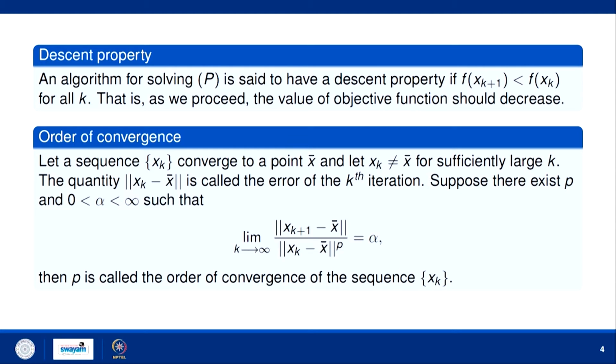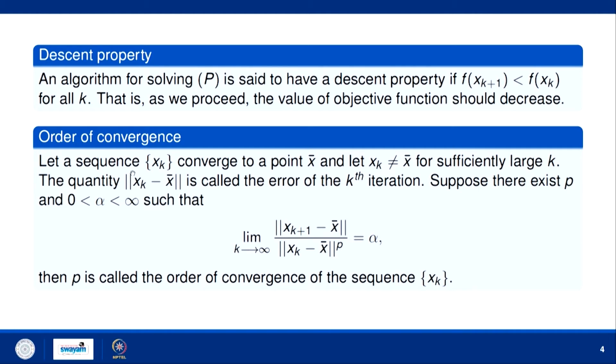Now, if we are developing any numerical algorithm, we have certain terms related to that algorithm. First is order of convergence. What is the order of convergence of that algorithm? How do we define order of convergence? Let the sequence x k converge to a point x bar, and let x k not be equal to x bar for sufficiently large k.